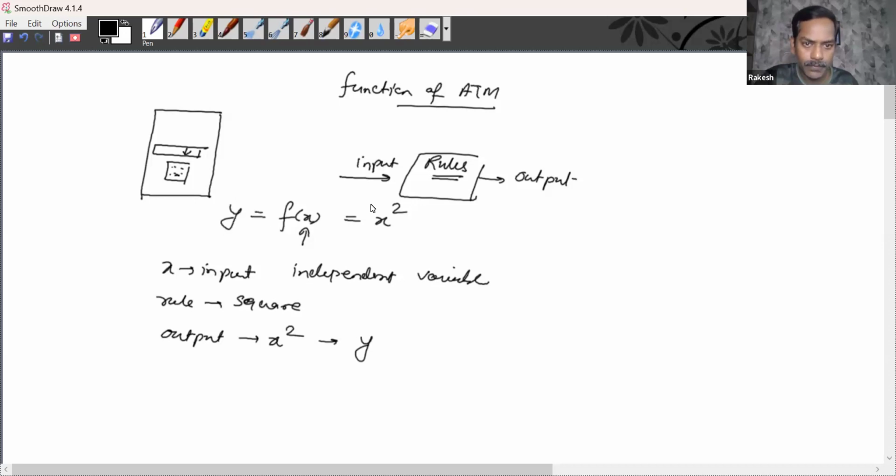This is what a function is. y is equal to f of x, and f of x is defined by certain mathematical rules. Here the mathematical rule is squaring the input, and whatever comes after squaring it becomes the output, or the value of y. So the value of y is called the dependent variable.